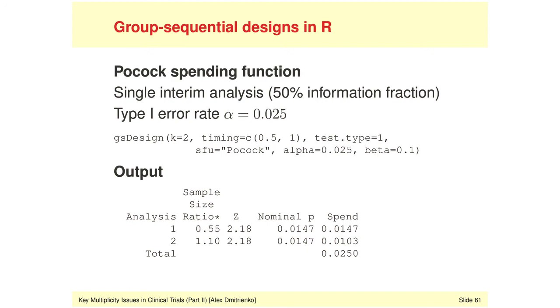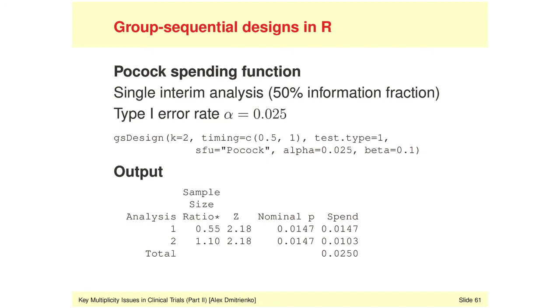If we are interested in performing similar calculations based on the Pocock spending function, the same code can be run with one very simple modification. We can see here that the function call here is exactly the same as on slide 60. The only difference is that we have replaced the alpha spending function. Instead of OF, which stands for O'Brien-Fleming, we have now used the value of Pocock.